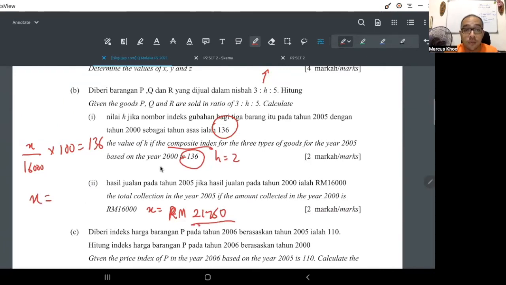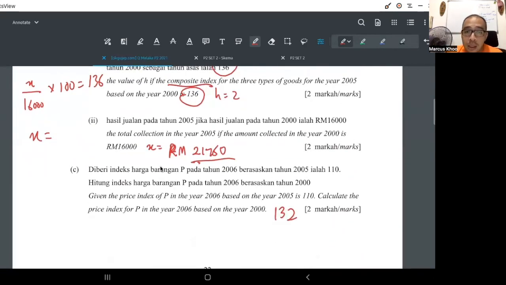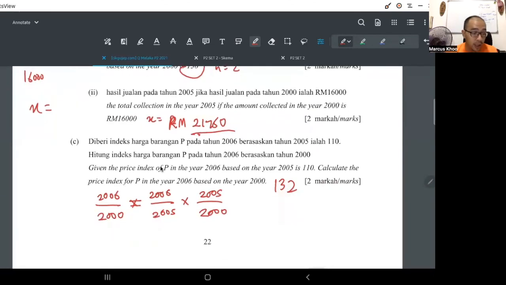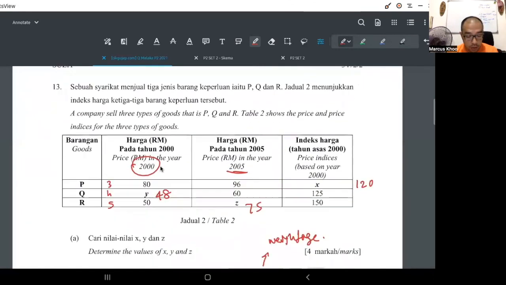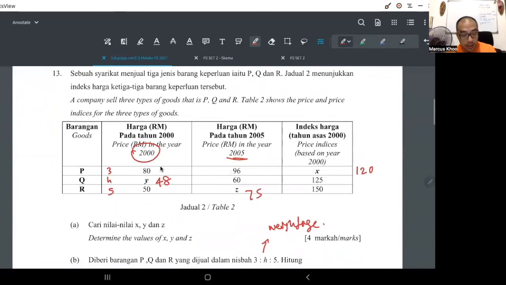Okay, so that's basically it. Given the price index of P in the year 2006 based on 2005 is 110, calculate 2006 based on 2000. So this is chain rule. You have 2006 over 2000, this is what we want. So we need 2006 over 2005 times 2005 over 2000. But if we look here, 2005 over 2000 for P is 96.